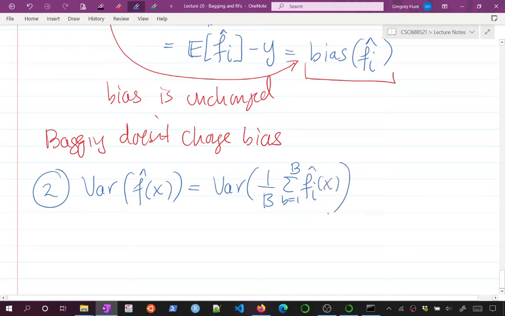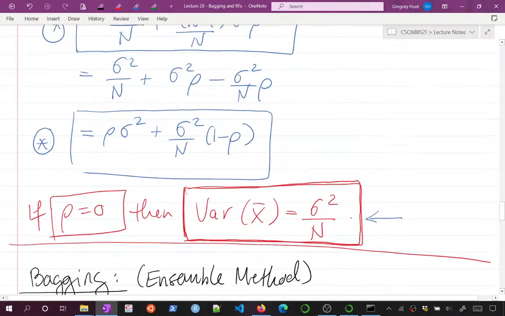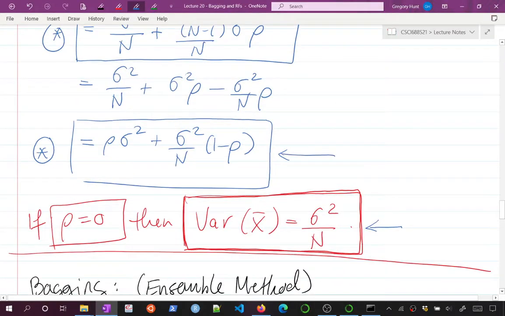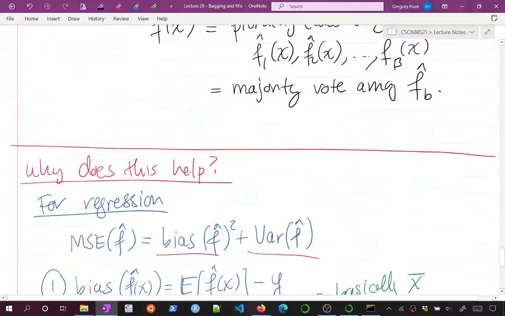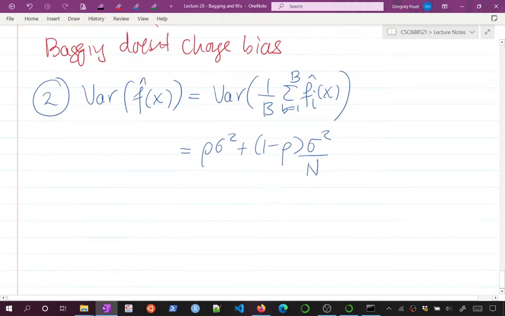If we go back up to X bar, we did this whole calculation: if we assume these things are equally correlated with each other, this is rho sigma squared plus sigma squared over n times 1 minus rho.